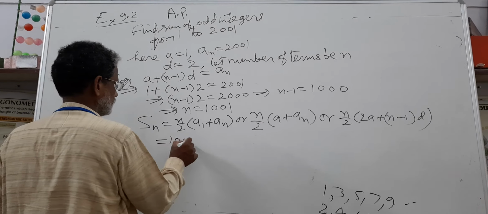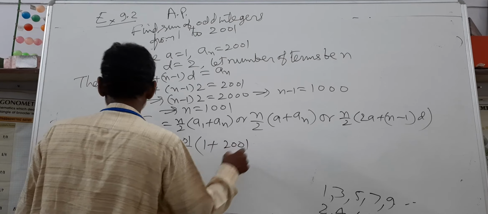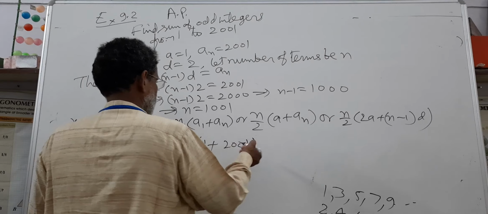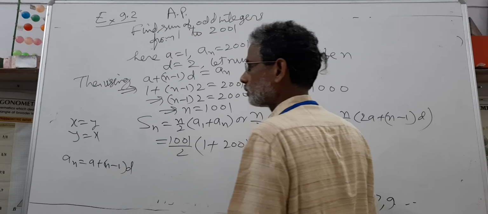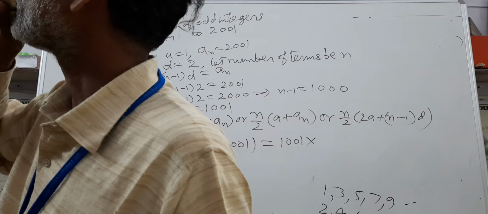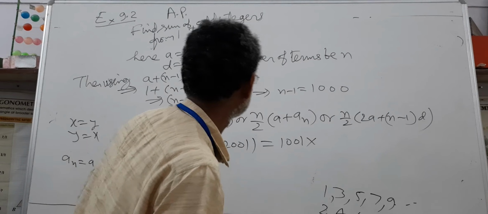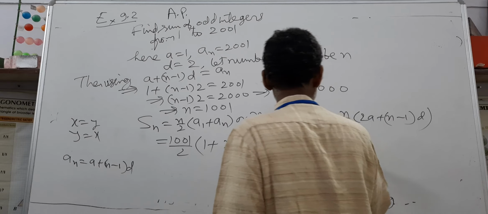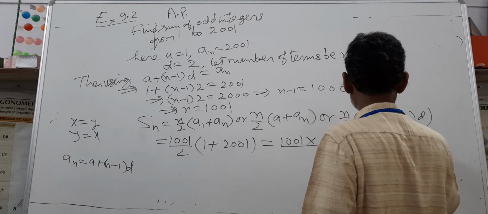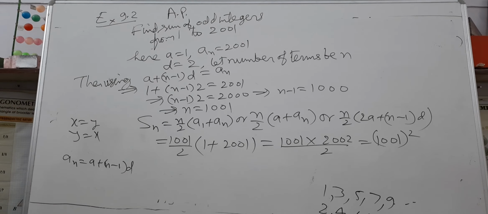This implies 1001 by 2 into 1 plus 2001. This implies 1001 into 2002 by 2 is equal to 1001 whole square. This is your answer. Thank you.